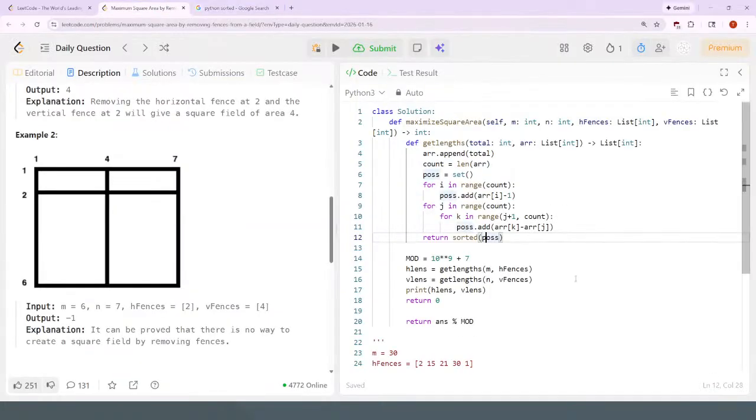Reverse equals true. Okay, and then I just need to find the first one that matches. I guess it's going to be a double pointer kind of deal.